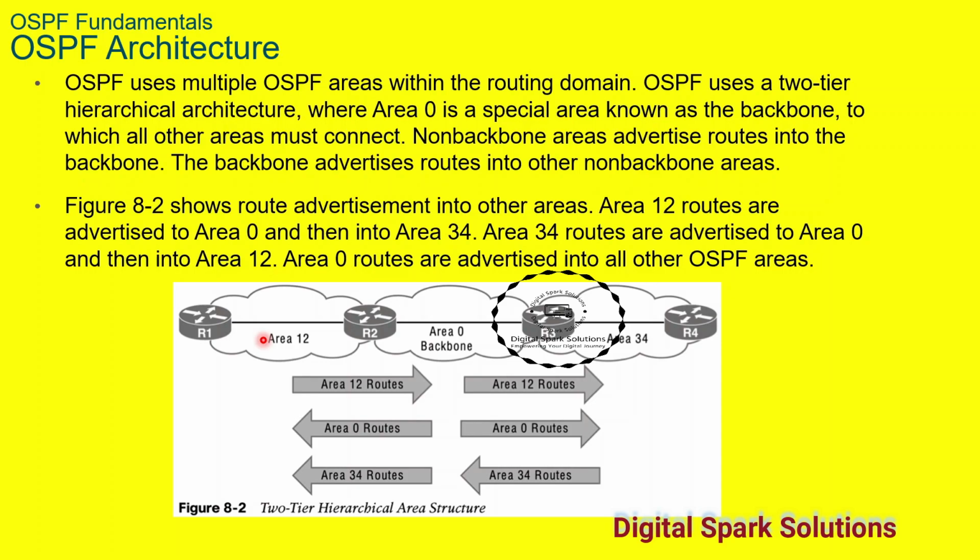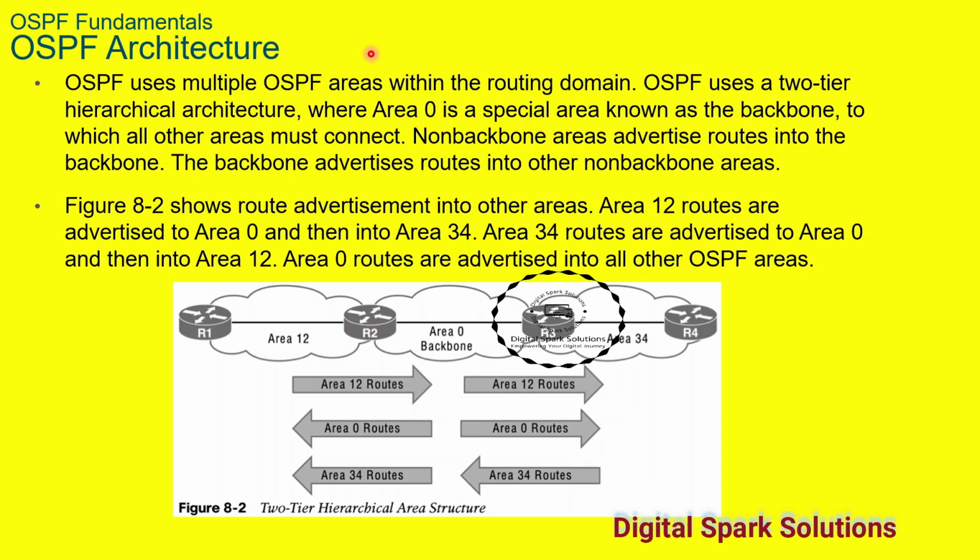So let's discuss OSPF architecture. OSPF uses multiple OSPF areas within the routing domain, but the main thing to consider is that we have a special area in OSPF that is known as Area 0.